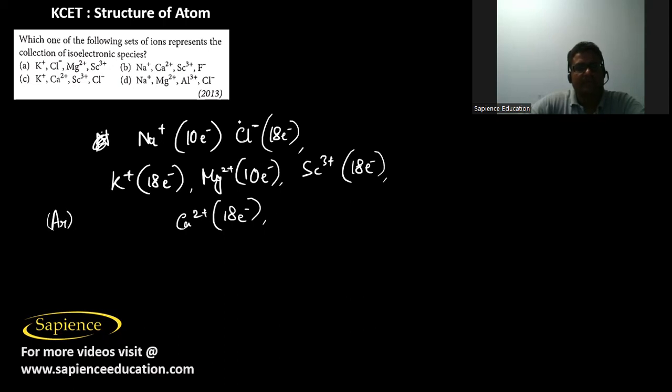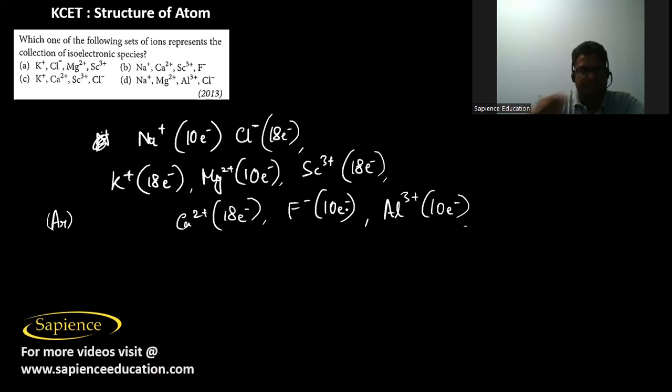Then F minus will have 10 electrons. So I can say Na plus and Al3 plus. Al3 plus also will have 10 electrons. So I can say K plus and then Ca2 plus, then Sc3 plus and Cl minus.